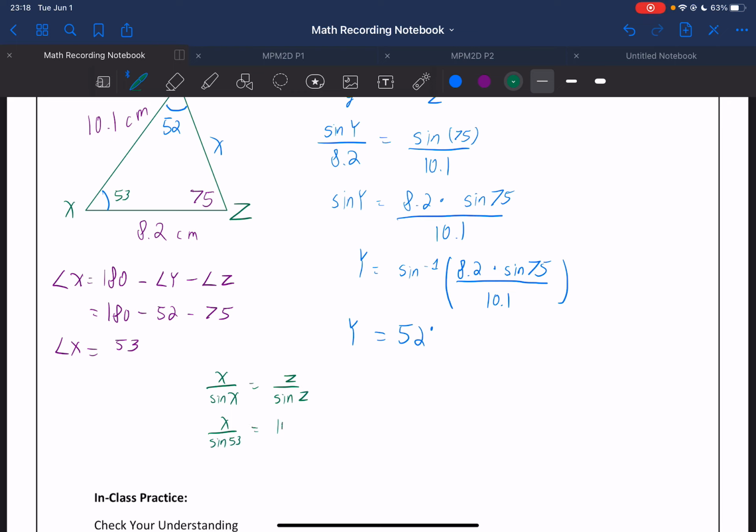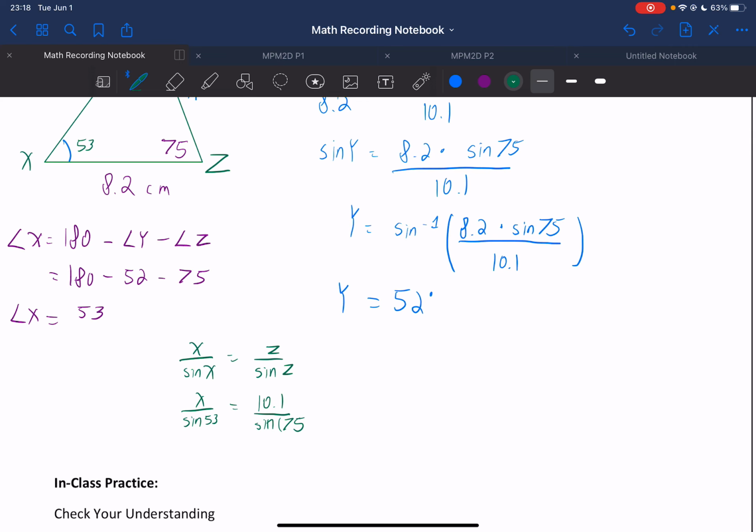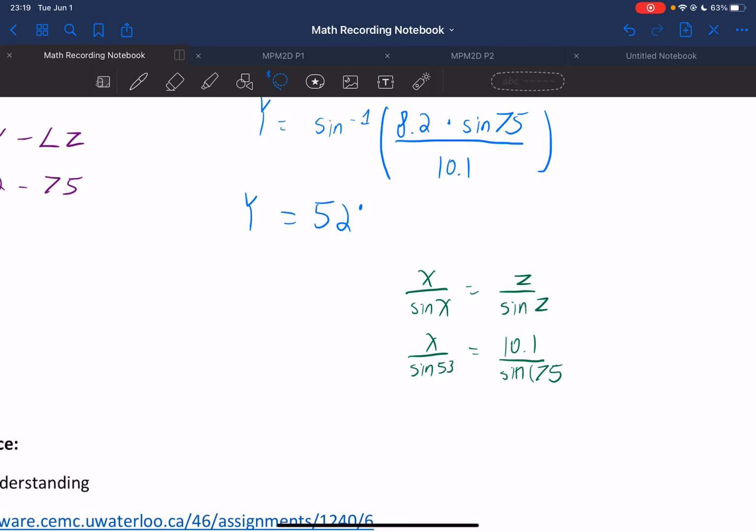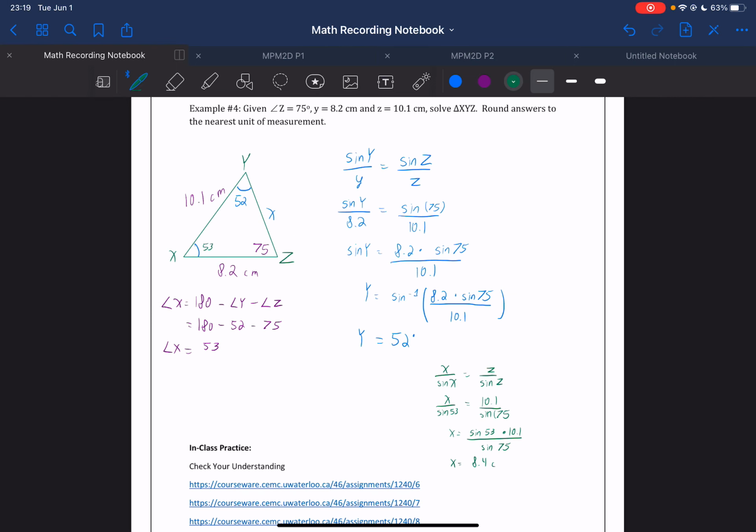We know that it's 10.1 over sine 75. We rearrange. I'm just going to move this over slightly so we have enough space. We're going to rearrange to isolate for x. So we have x equals sine 53 times 10.1 all over sine 75. And that gives us x equaling 8.4 centimeters.